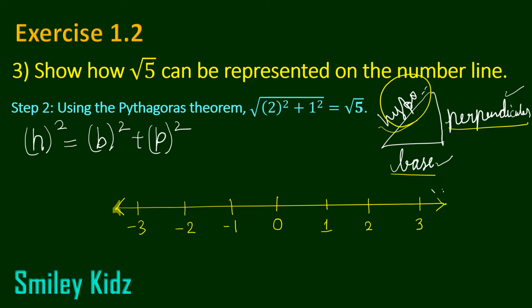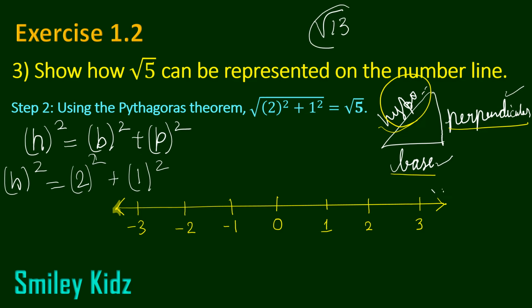Now let me try another one. Let me take base as 2 and perpendicular as 1. Since we got 13 and 13 is more than what we want, we want root 5.